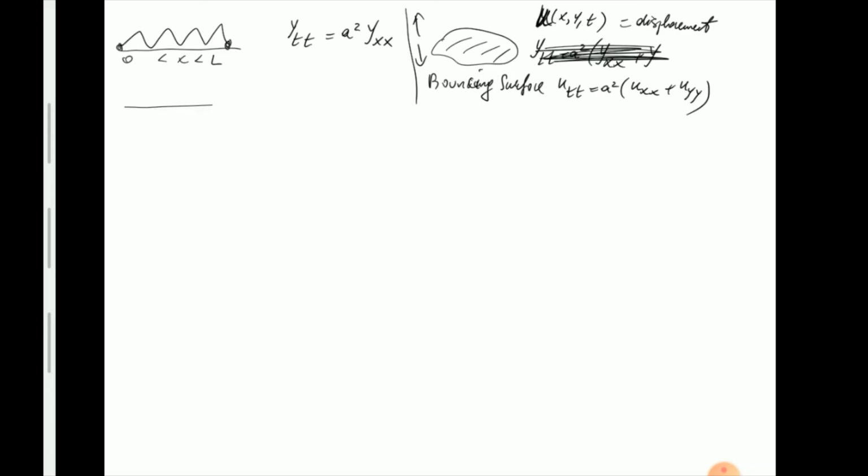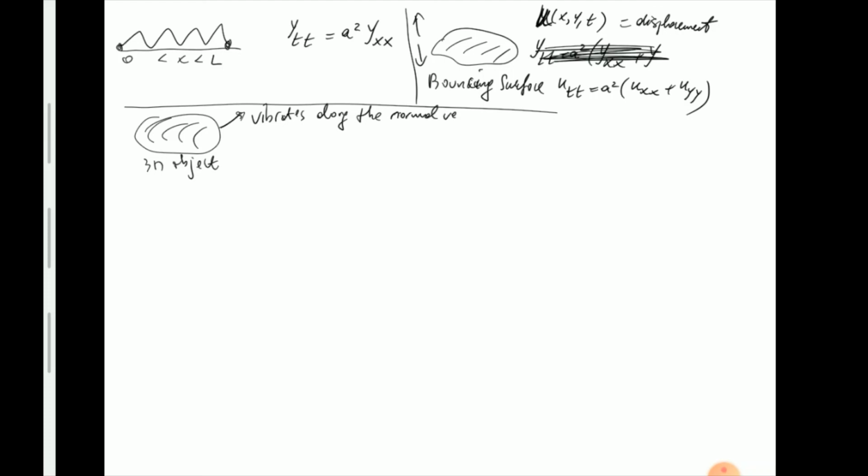Or in 3D, you can have some 3D object and imagine that it's pulsating or vibrates along the normal vector, like a pulsating sphere.